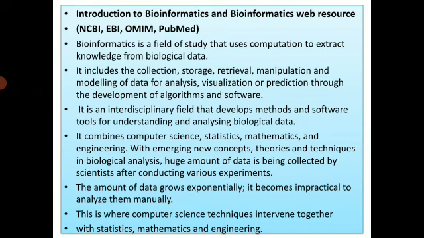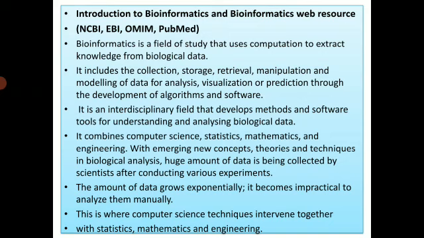Maybe 200 pages, and manually going through each and every nucleotide and analyzing it in the form of coding is very difficult for a human brain. So with the help of software, whatever information we put in that software, we can easily analyze in a minute the data present in that particular file.